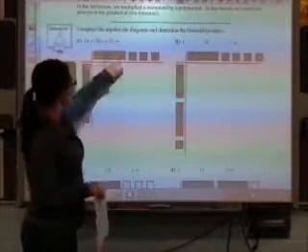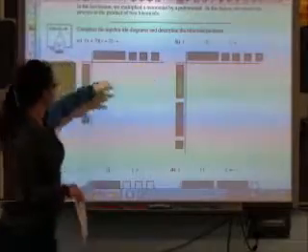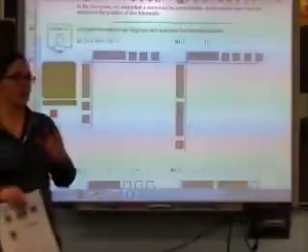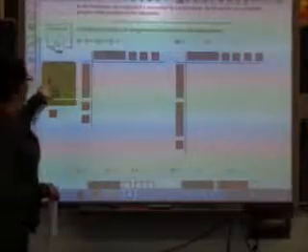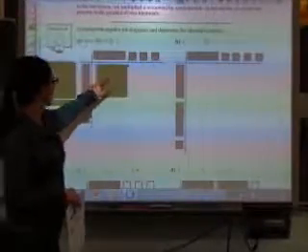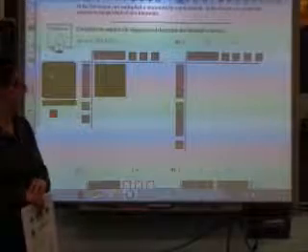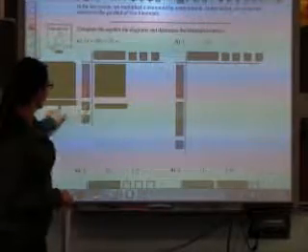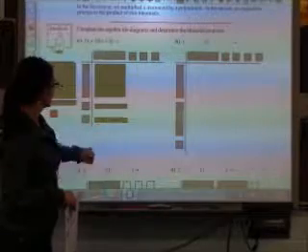So if we look at the first one, what we have is x plus 3 times x plus 2. So again, we use this idea of length times width. If I go length times width, I get my square. Length times width, I get a rod here and a rod here.